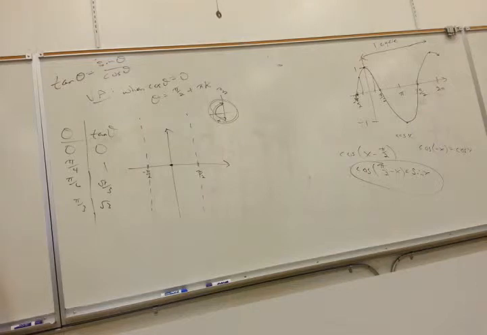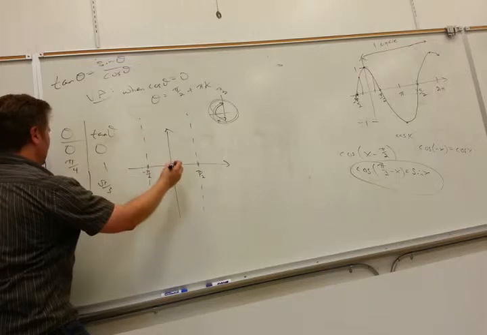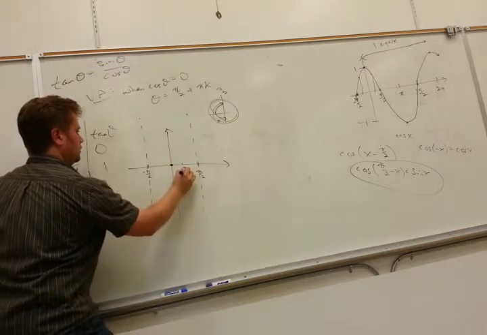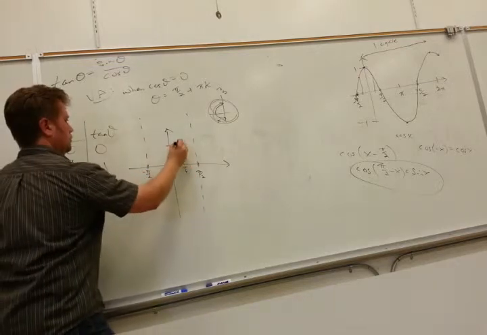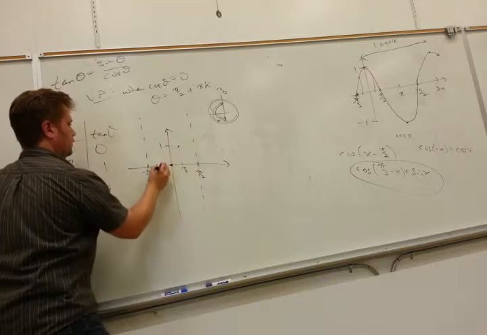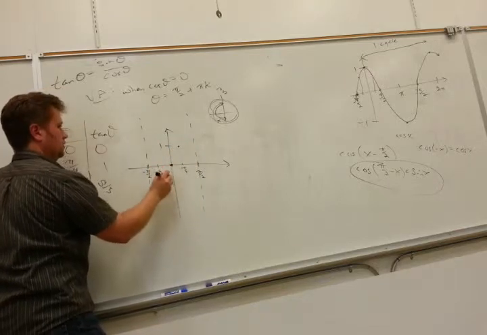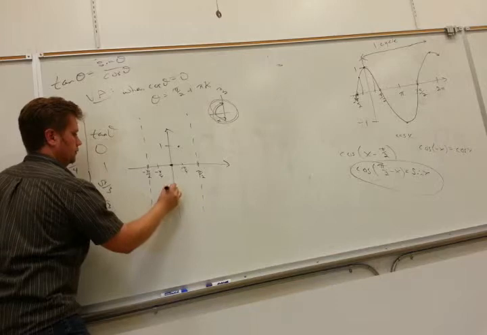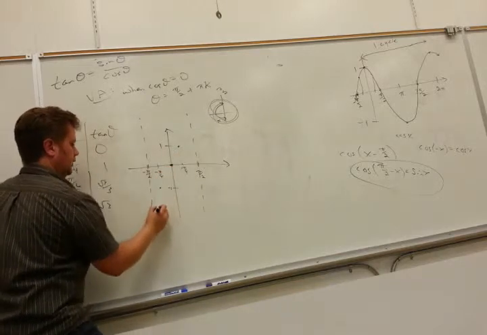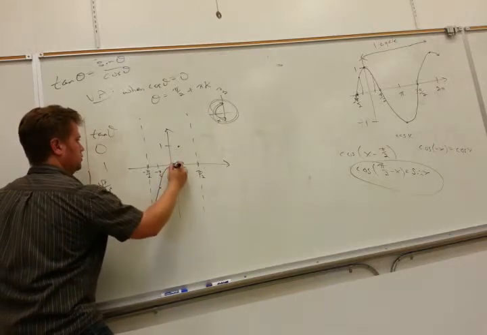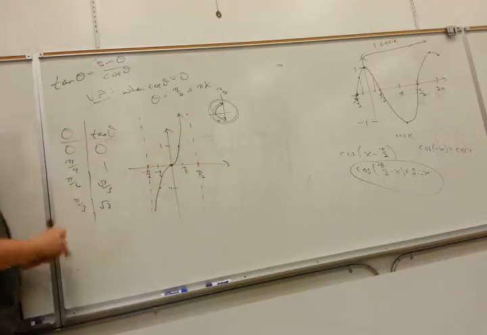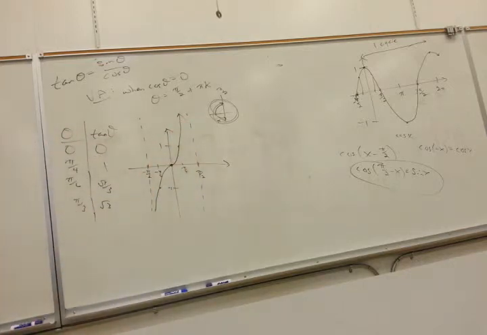No, but just keep going. At pi over 4, it's 1. At negative pi over 4, what do you think it's going to be? Negative 1, sweet. So effectively, it ends up looking almost like an x cubed. Cubish, yeah, cool.